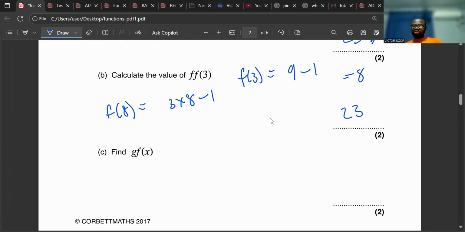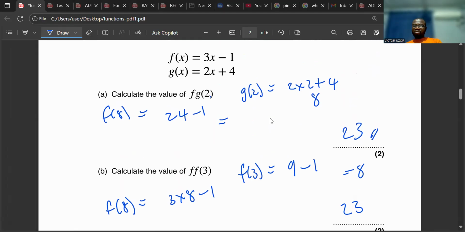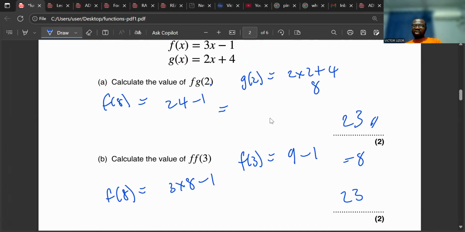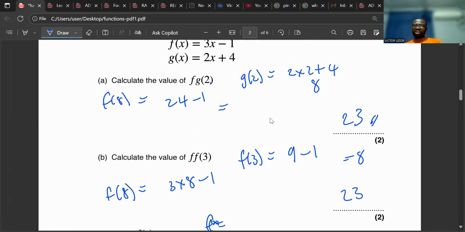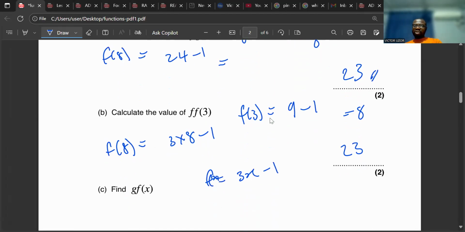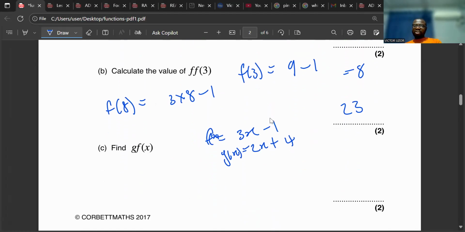g f of x. This one, we want you to put f of x in g. Remember, f of x is 3x minus 1, and g of x is 2x plus 4. So they want you to put f of x in g.